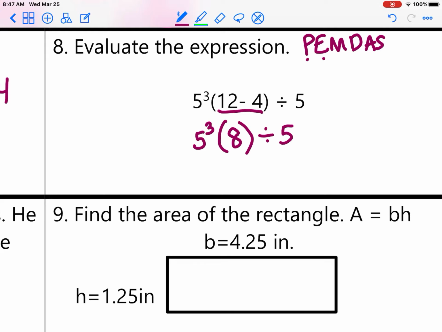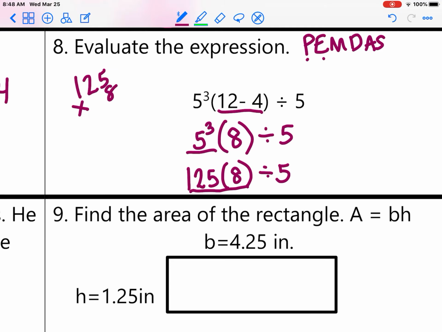Now we do exponents. We have 5 to the third power. That's 5 times 5 times 5, which is 125, times 8, divided by 5. All right? So our next step, we just multiply and divide in order from left to right, which means we'll multiply first. 125 times 8.